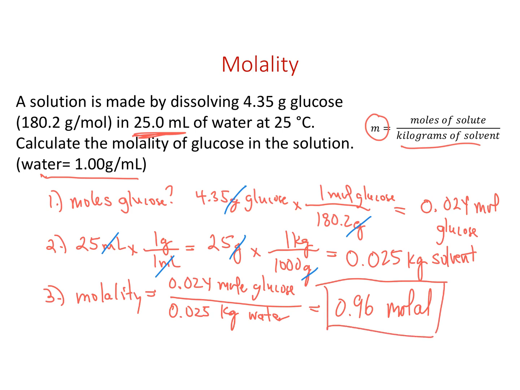So 3 different steps we had to take there, the last step being the main question that we were asked, but in order to do that third calculation, first we had to find moles, and then I had to convert my volume into a mass in kilograms of my solvent. And then once I'd done step 1 and 2, then I could do step 3. I could determine the molality of this solution.